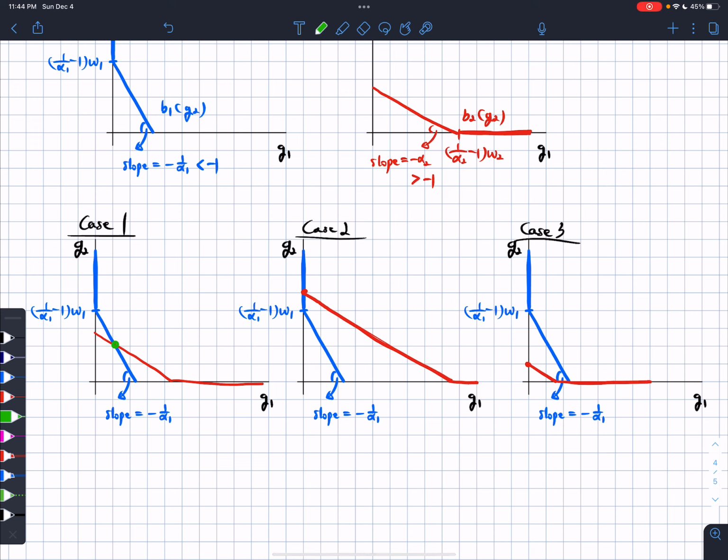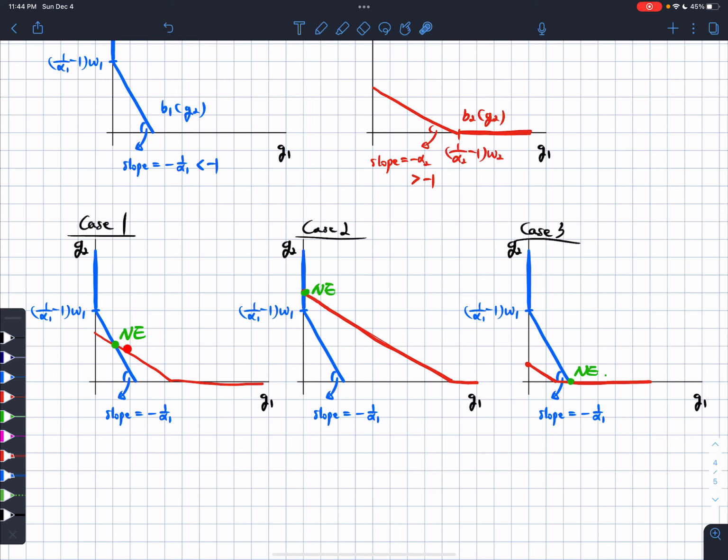So here we have one intersection, and that's the Nash equilibrium, and for this, the intersection is here, right? So that's Nash equilibrium, and here we're going to have Nash equilibrium at this point, right? So this is Nash equilibrium. And so the bottom line is, depending on which case we have, we're going to have different Nash equilibria, but in each of these 3 cases, we have a unique Nash equilibrium, okay?